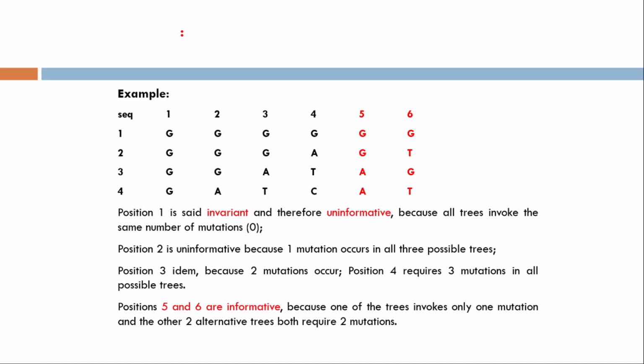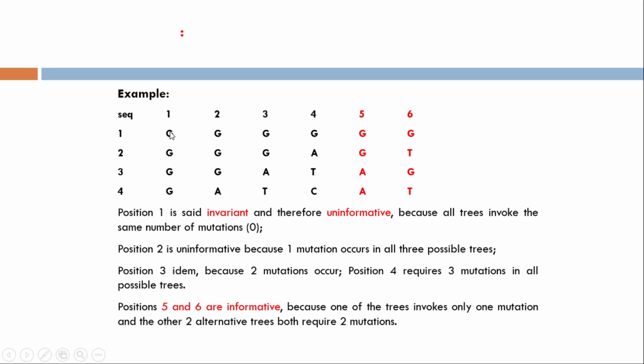So now I am telling you one by one the conditions to qualify as an informative site. So the condition number one that you see in a particular column. So here suppose I am observing column number one. So you concentrate on this particular column.